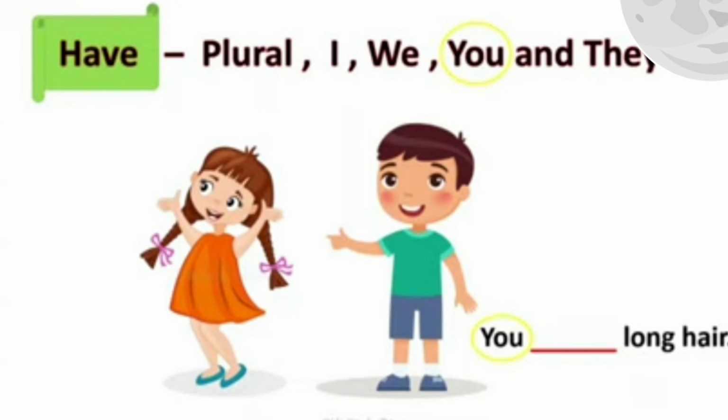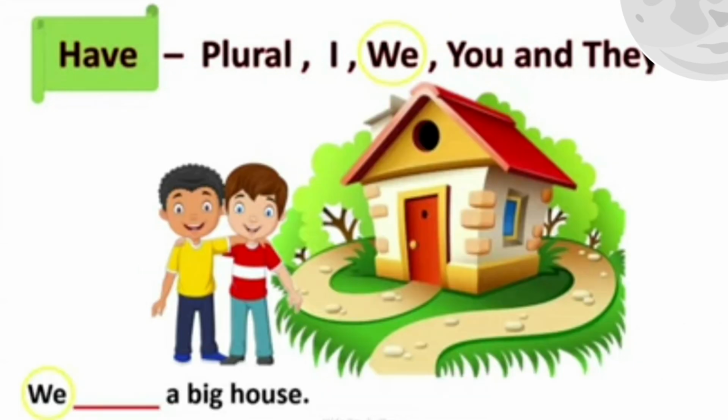Next children, you dash long hair. Children, as we can see in the rule box, after you, we should use have. So children, the answer will be you have long hair. Right? The next sentence, we dash a big house.